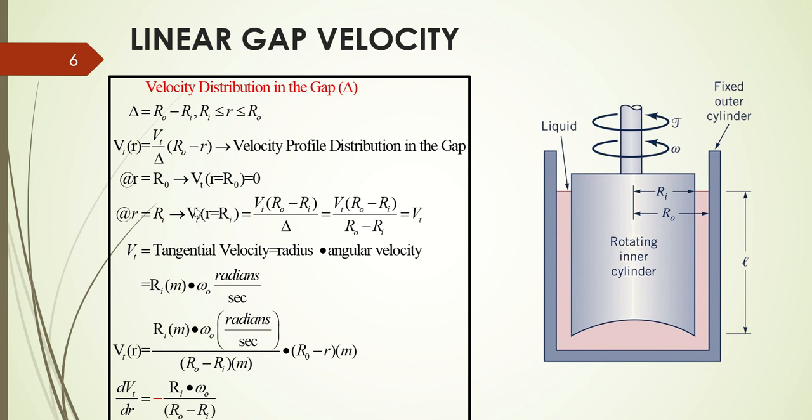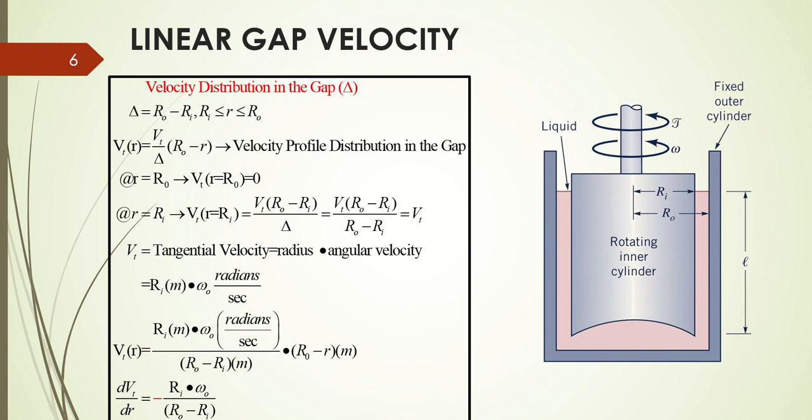So at R equal to R sub I, we would have V sub T times R0 minus Ri over delta, which, as you can see, indeed gives us the tangential velocity at the inside radius.